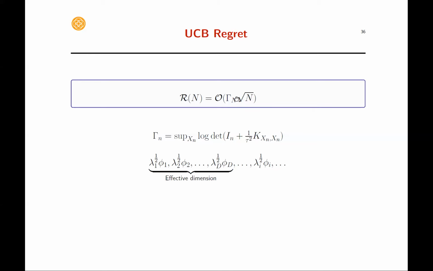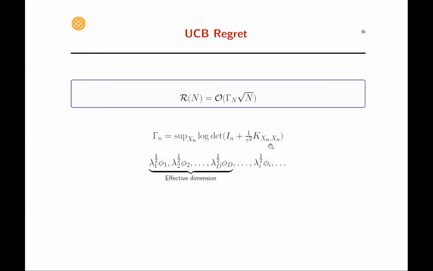So gamma n, up to logarithmic factors, determines the effective dimension of the model in the feature space of the kernel. It can also be mathematically defined as the log determinant of the covariance matrix, which, for people familiar with information theory, is basically the mutual information between the observations and the latent model.